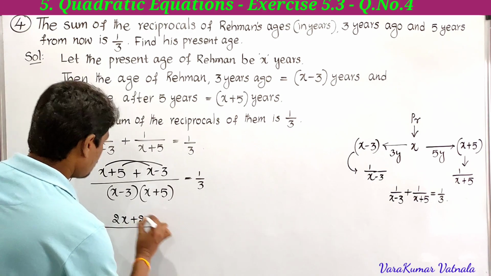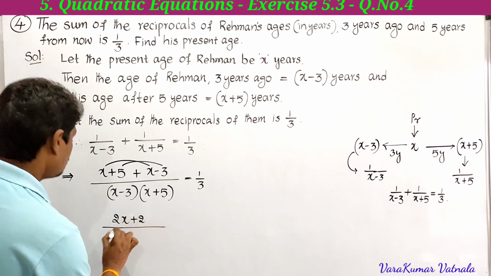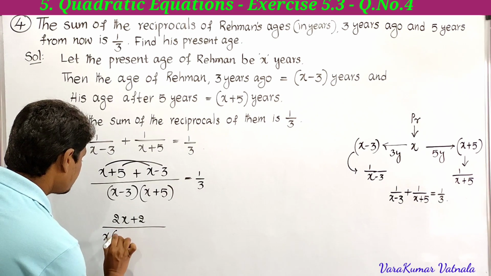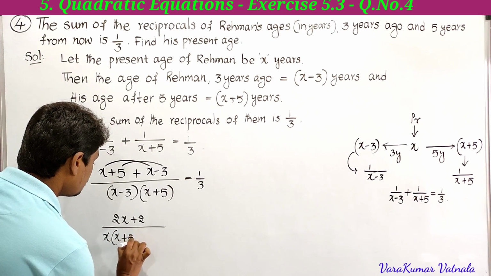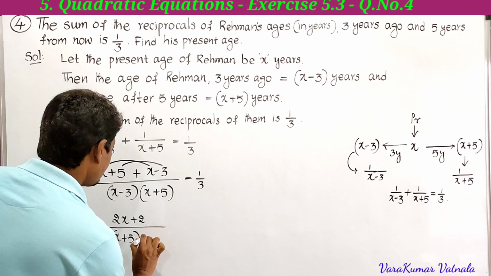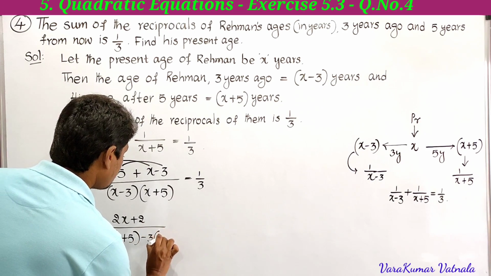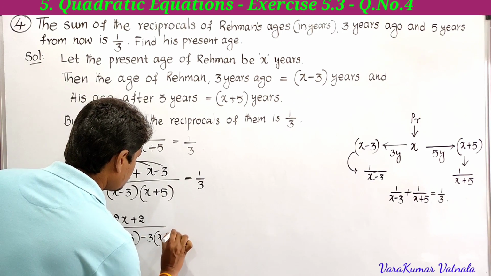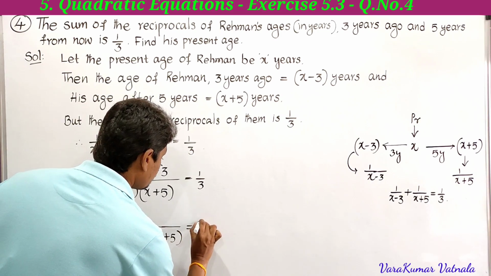Divided by, we just have to multiply here, x into x plus 5 minus 3 into x plus 5, is equal to 1 by 3.